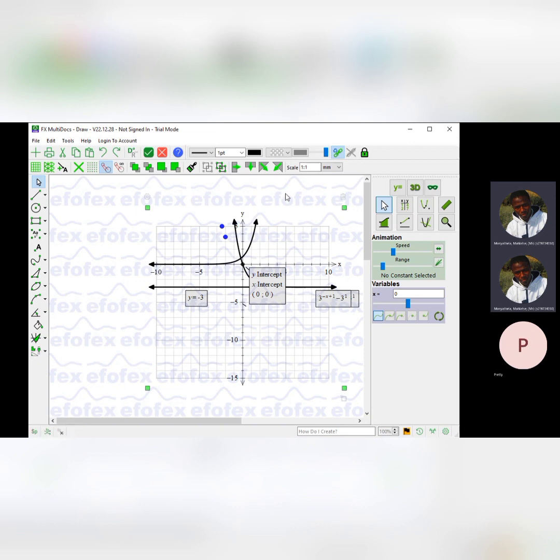As you can see, they are facing different directions. So it means that it has been reflected. If you put a mirror on the y-axis, you will see the reflection of this graph.